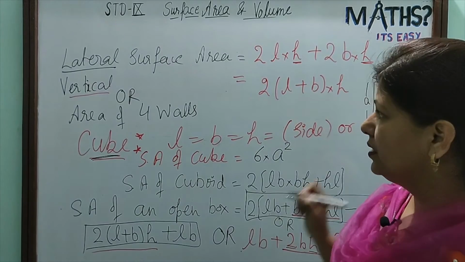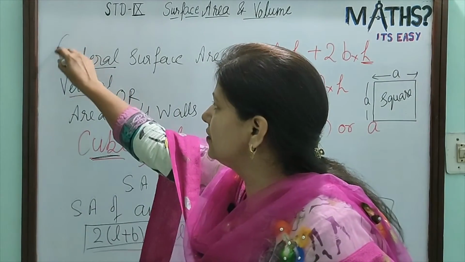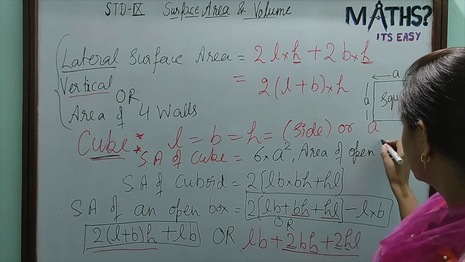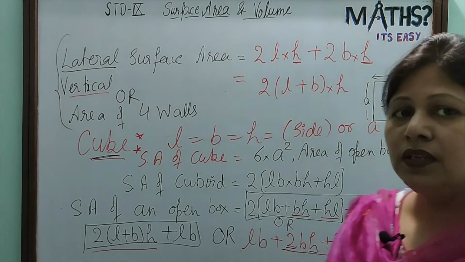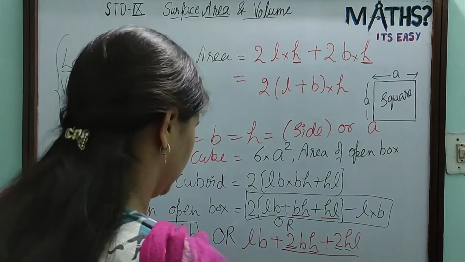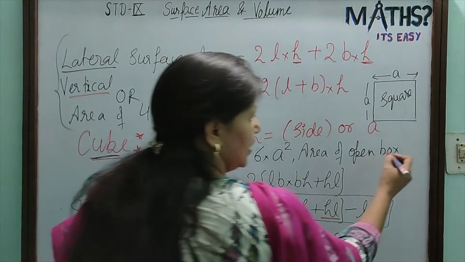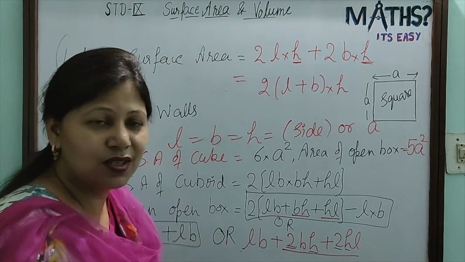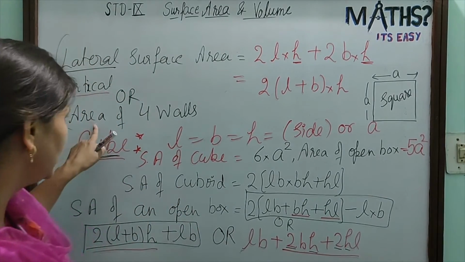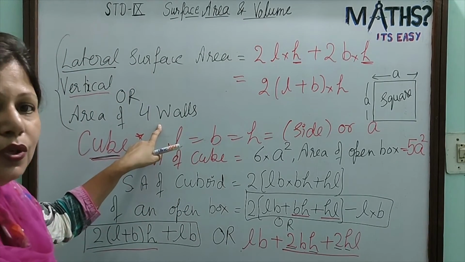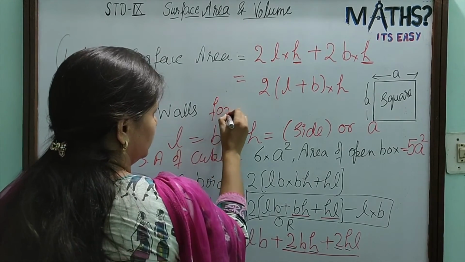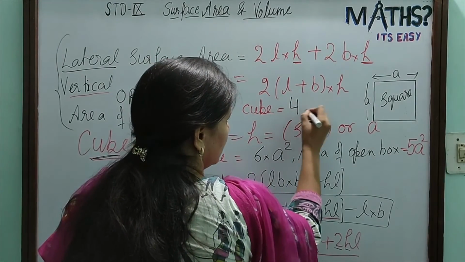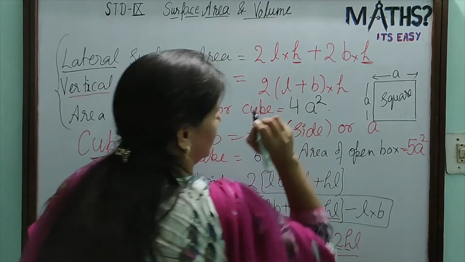Okay, and when we talk about the area of an open box, now we are talking about the cube. So for cube, the open box has 5 surfaces, so this will be 5A square. And what about the area of 4 walls for cube? 4 walls means 4 surfaces, so this area will be 4A square.